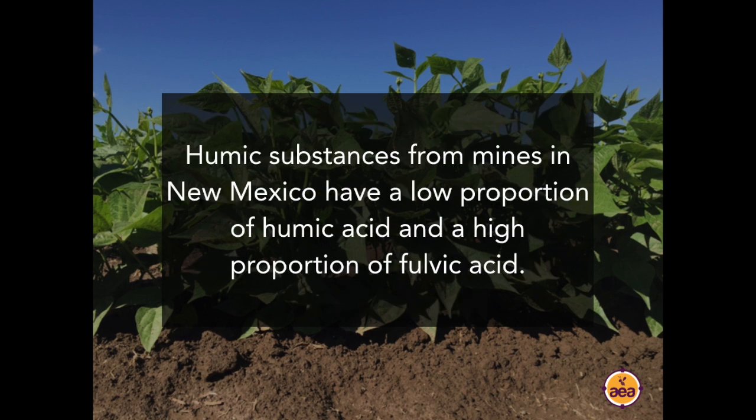The deposits in New Mexico in the desert have a very high proportion of fulvic acid and a comparatively low proportion of humic acid. The ratios are completely different, north versus south, and you see this gradual progression north versus south. That is primarily an effect of temperature. The same process holds true in soils.